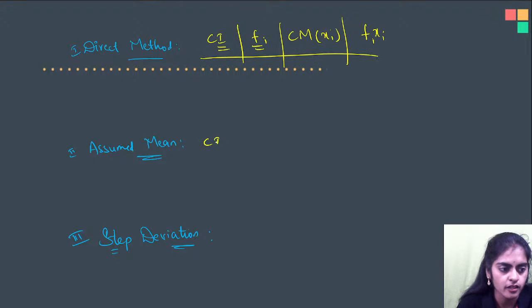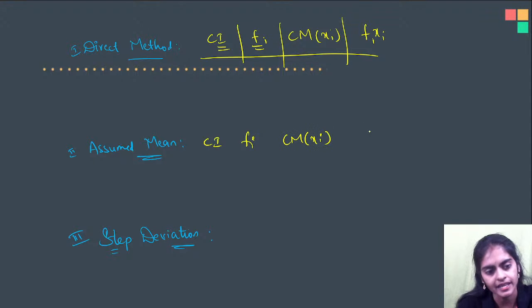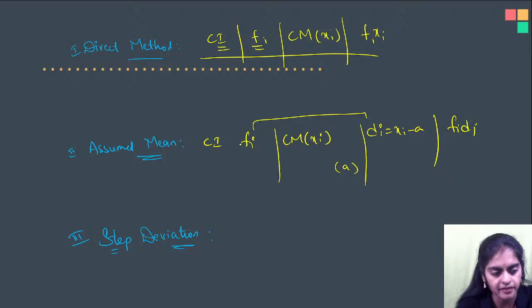For the assumed mean method, you have class interval, frequency, class mark represented by xi, and then what do you have? You find the assumed mean here, and you find the deviation of the assumed mean from the class mark, and you find FiDi. Okay, this one slide will help you a lot.